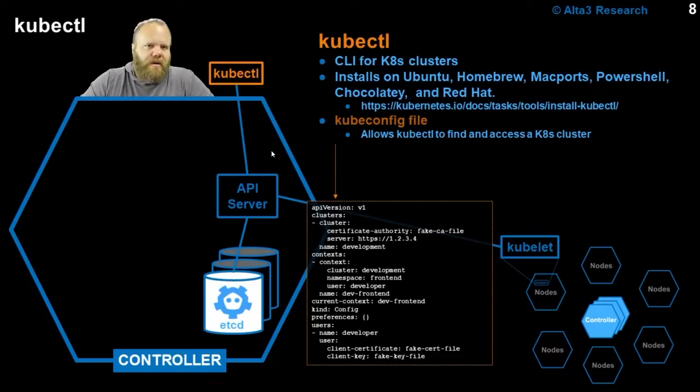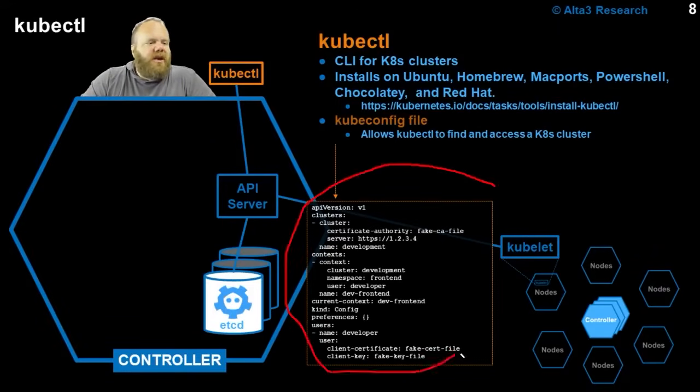Now, in order for kube control to talk to a given cluster, after all, what's stopping somebody from installing kube control and talking to any cluster in the world, is that it must be configured to do so. So if we take a look, what you see here in miniature is a kube config file. This is a document that should be on the same machine where kube control is installed.